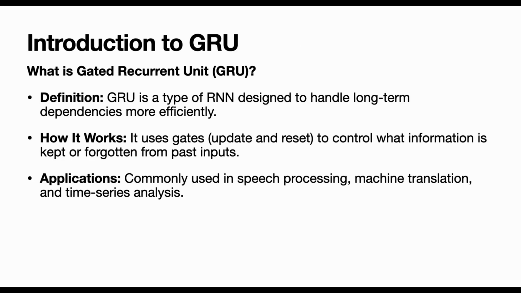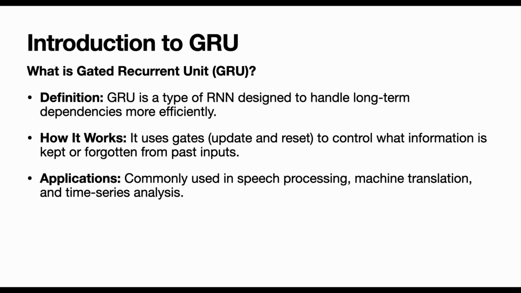This slide introduces the Gated Recurrent Unit, GRU, which is a type of recurrent neural network, RNN, designed to handle long-term dependencies more efficiently. GRUs achieve this by using two key mechanisms: update gates and reset gates. These gates control what information is kept from past inputs and what is forgotten, ensuring the network retains only the most relevant details.